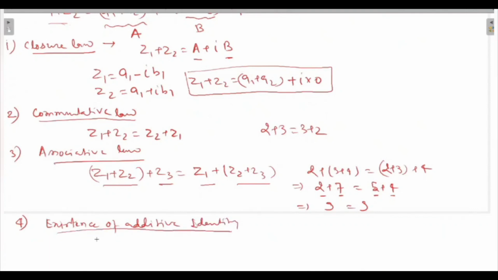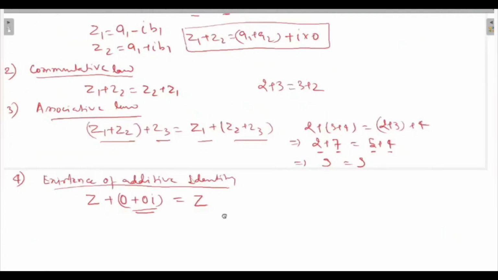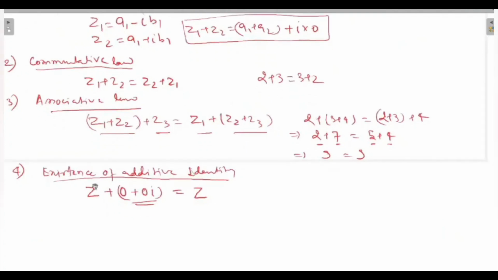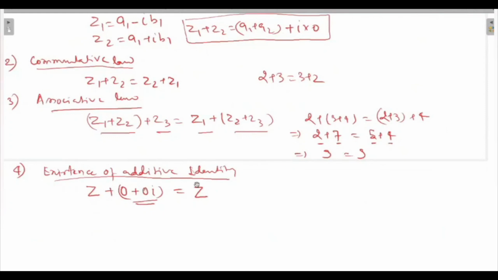If you add 0 plus 0i to a complex number, you will get z only. So this is essentially the existence of zero, which is the additive identity. It says that there will be a complex number to which, if you add another complex number, the resultant number will be the same complex number. This is the existence of additive identity.